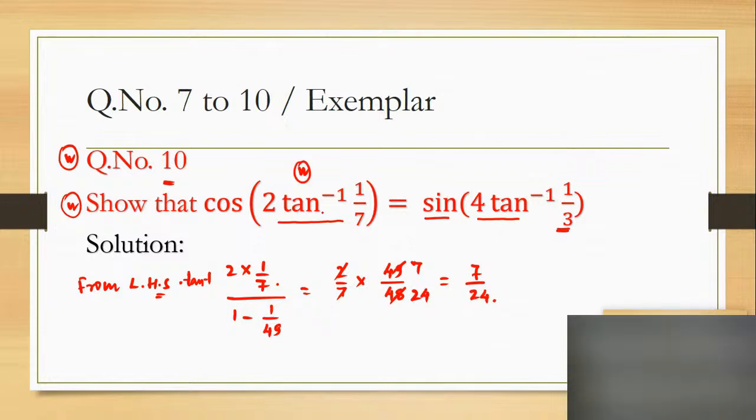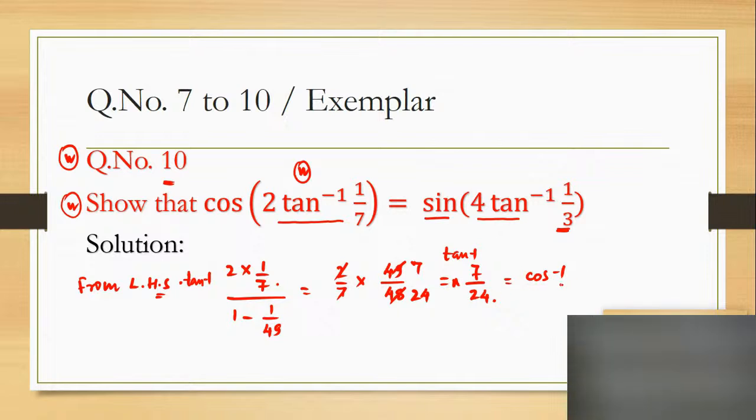The value of this will be tan inverse 7 by 24. So we convert this tan inverse 7 by 24 into cos inverse. We know that tan is p by b, so we find out b by h. We convert this into b by h.